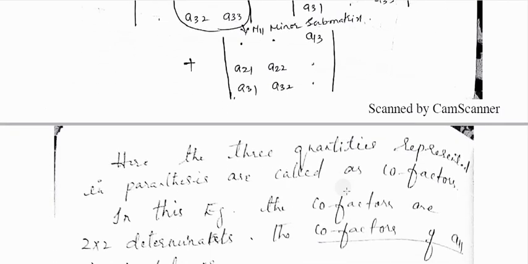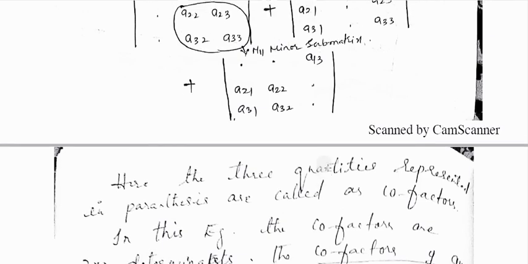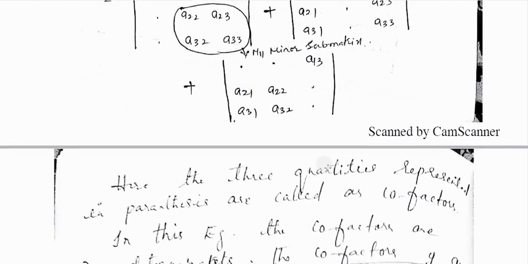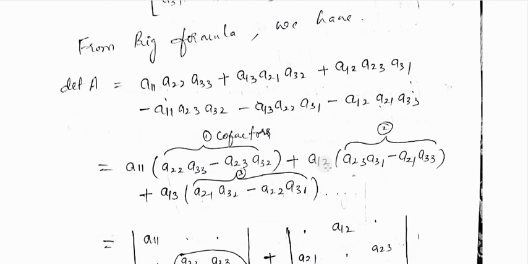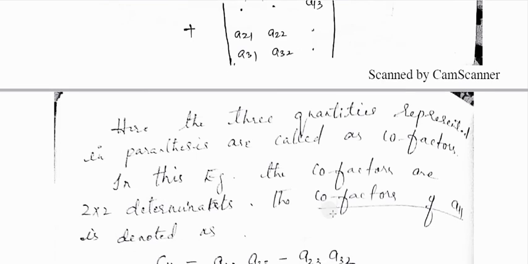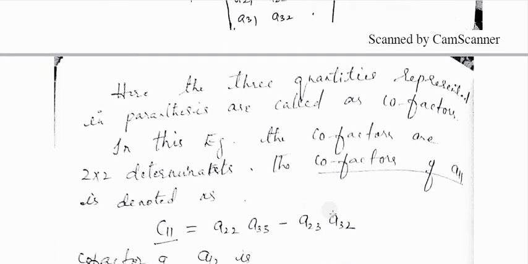Next, the three quantities which I already told you, represented in the parenthesis, are called the cofactors. So these are all called the cofactors of the elements A11, A12, A13. In this example, the cofactors are 2 cross 2 determinants.